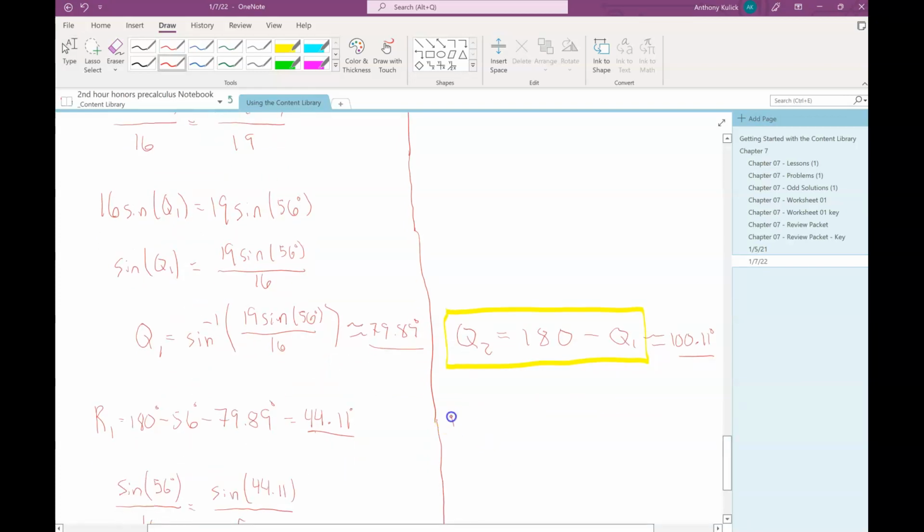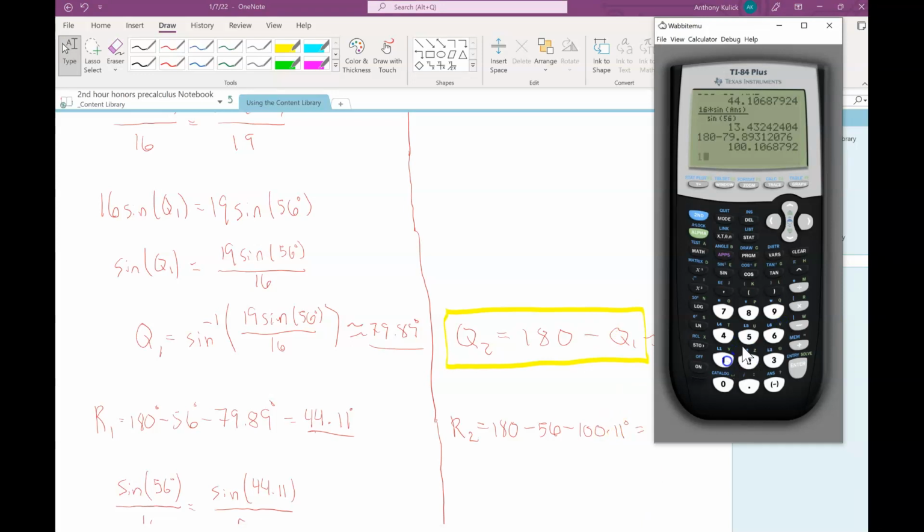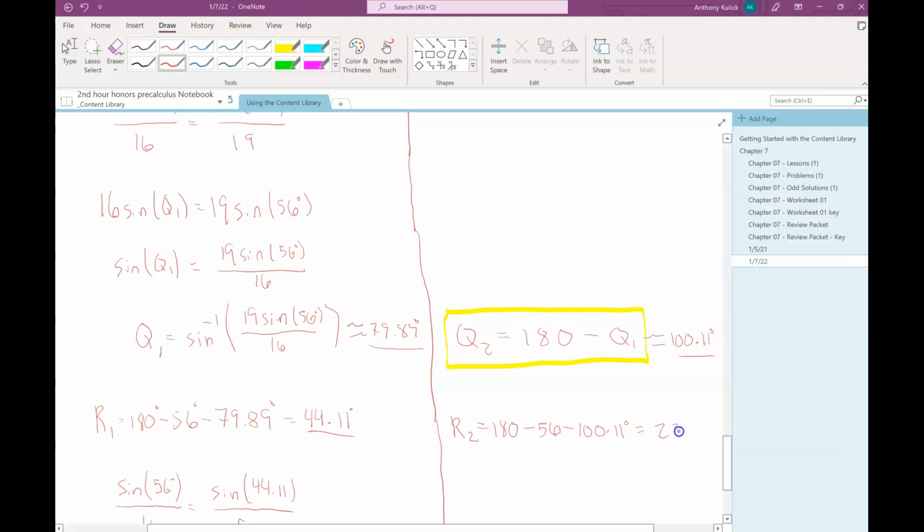Which is great because now for R2, I know P and I know Q2. So that's easy. So 2389. Woo!